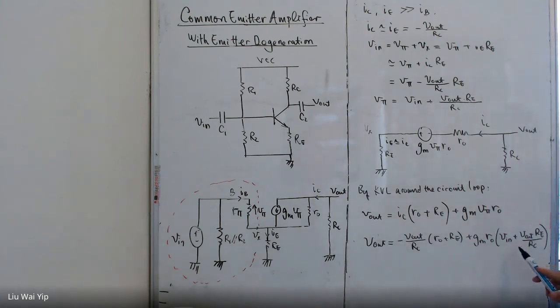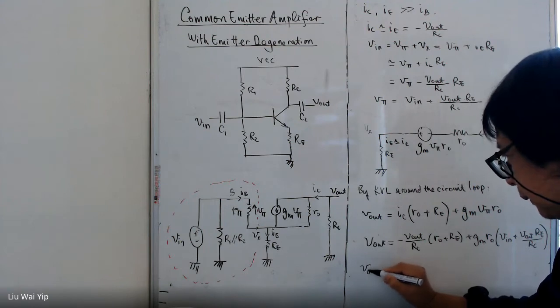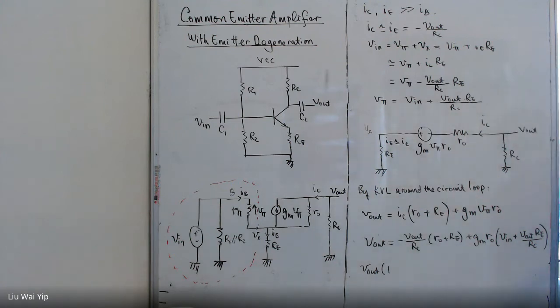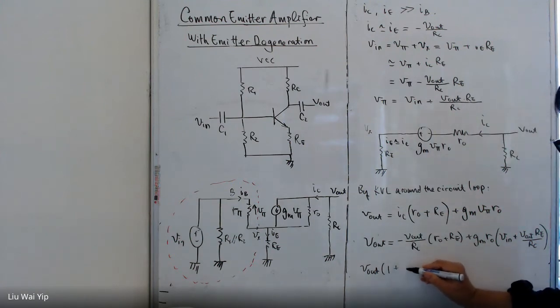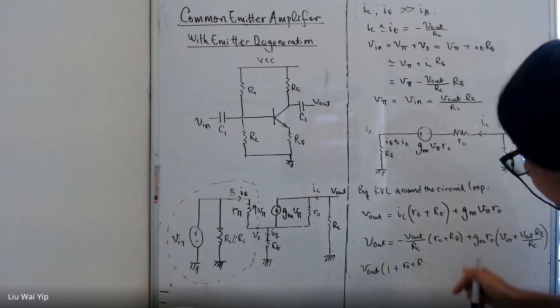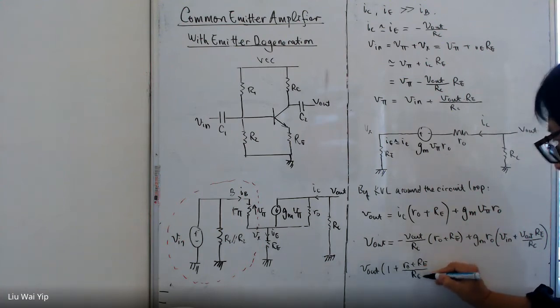What we need to do is to combine the terms with V out. So we do that. V out, this is 1, and this term will be r0 plus RE divided by RC.